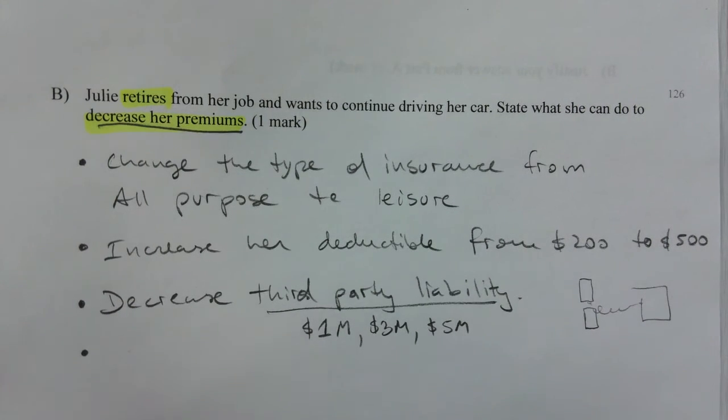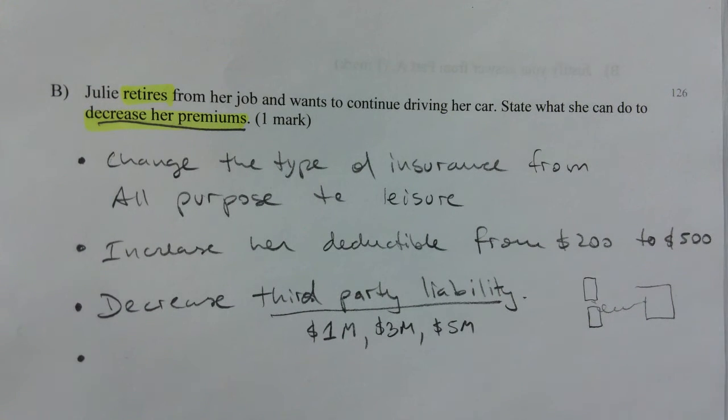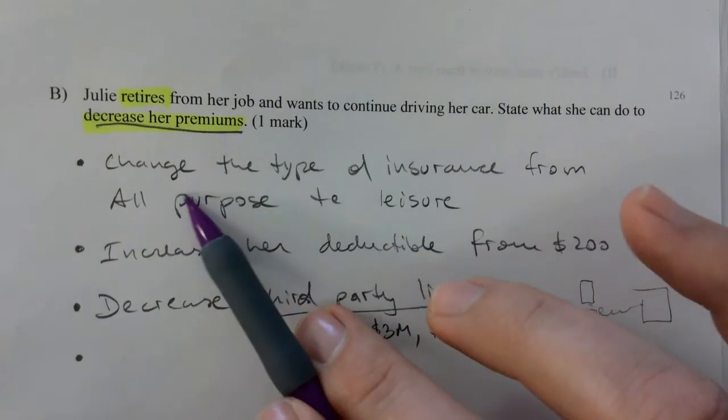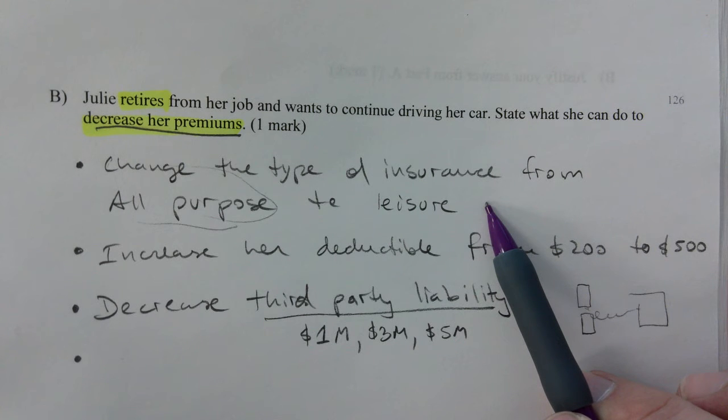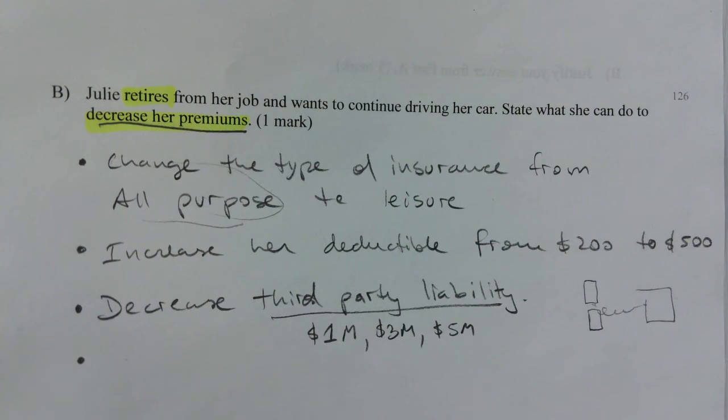Even if you hit a hydro pole and the lines come down, that's called third-party liability. Or if you're an Amazon package delivery truck and all those packages are damaged, like there's an iPad in there, that would cover it. If you ever do that, all purpose doesn't do it. There's a special insurance for delivery. So if you deliver pizzas or you're an Uber driver, you need to get that, or else you don't have full coverage.